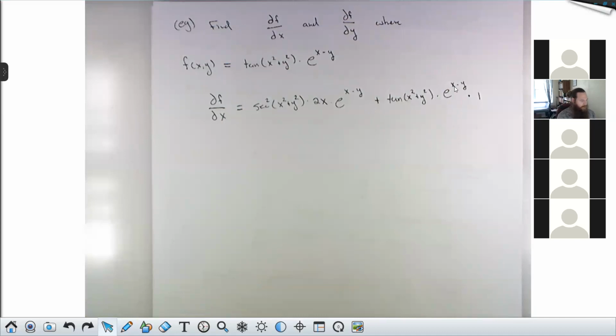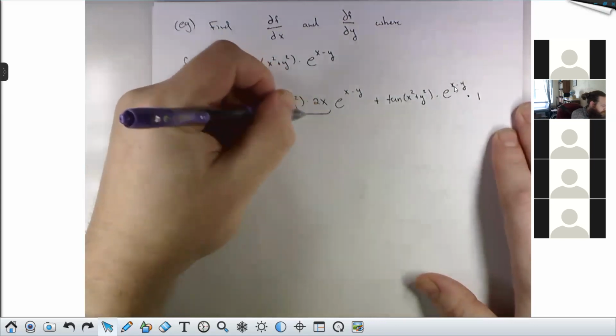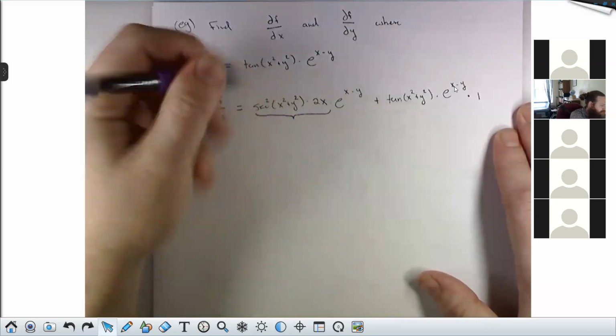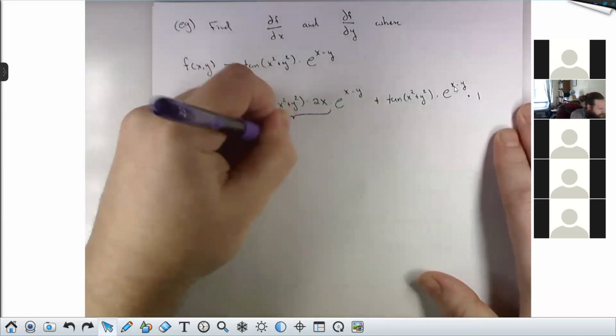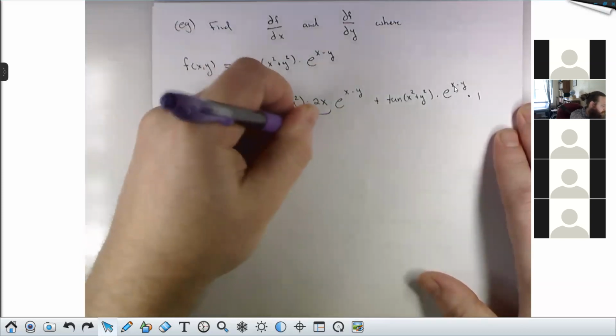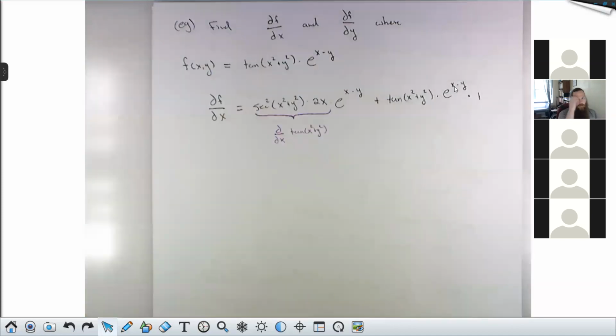I can annotate a little bit. You can add these annotations if you want. If you don't want, you can leave them off. This is what we get by taking the partial derivative of just the tan of x squared plus y squared using the chain rule.